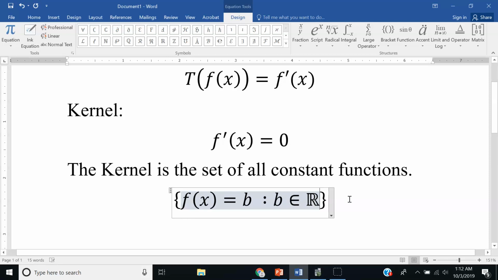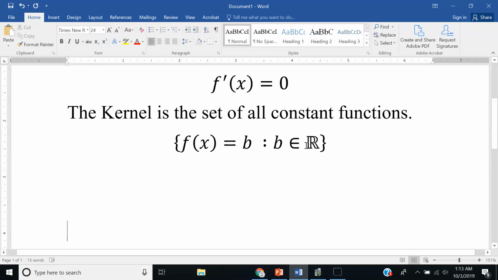Okay, so it's things like f of x equals 7, f of x equals 8, f of x equals 92, or negative 16. If you take the derivative of a constant number, you get 0, and so the kernel is the set of all constant functions. All right. By the way, just as a note, constant functions are the only ones which have derivative of 0 everywhere. So that's the idea.